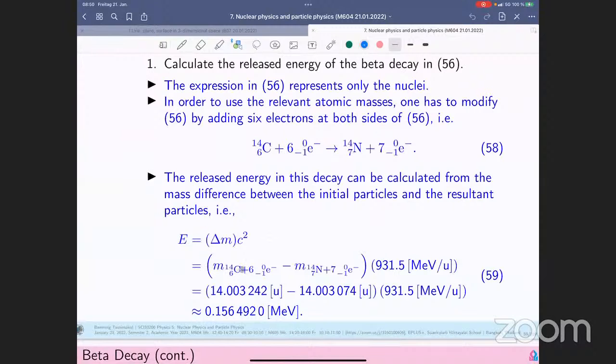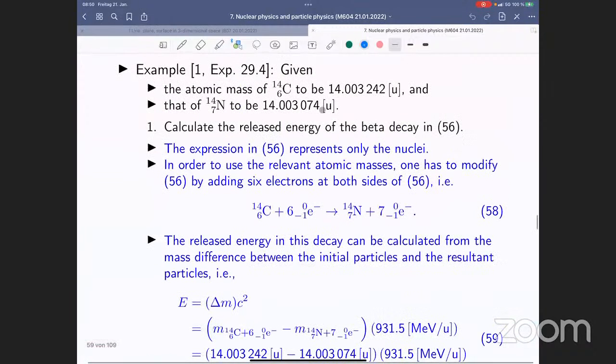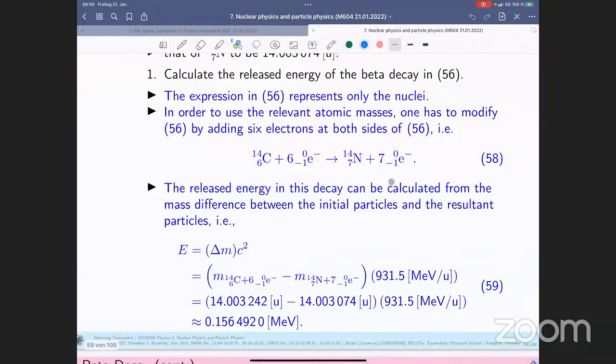And yes, we make the subtraction, right? This one, the mass at the input side, and the mass in the output side in the beta decay process. And you can also substitute the mass in SI system, but it's not recommended because it's too complicated.